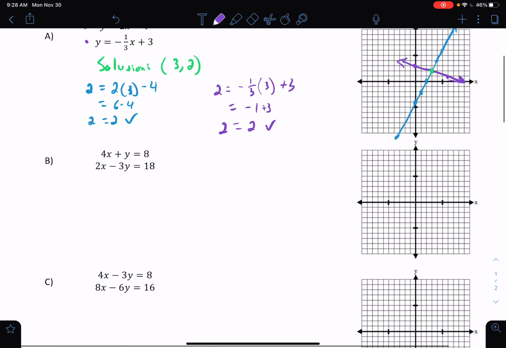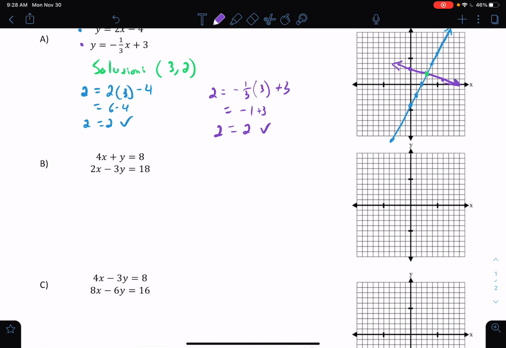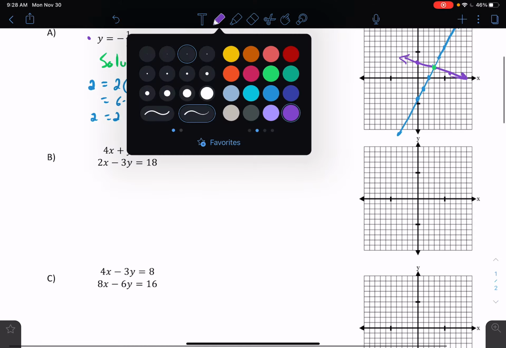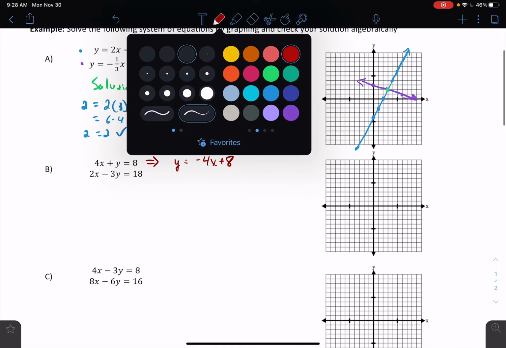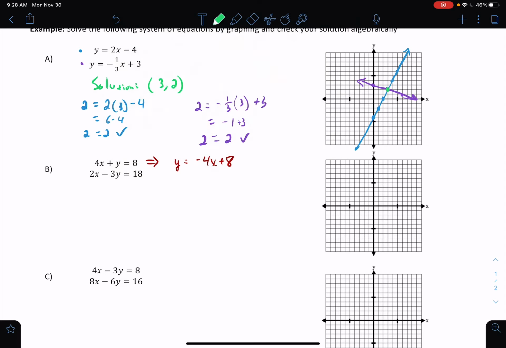So in B, before I can graph this, I've got to get them into slope-intercept form. 4x plus y equals 8 is the same thing as y equals -4x plus 8. Subtract 4x from both sides. And then we'll do green for the second one. 2x minus 3y equals 18.